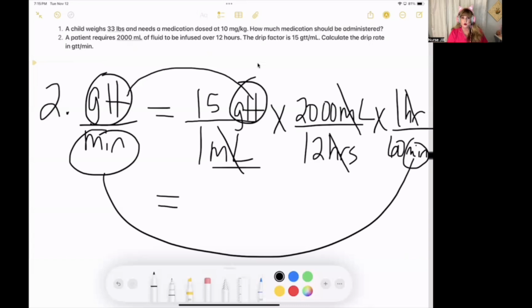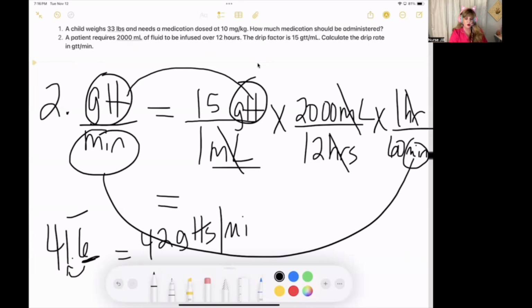With drops per minute, we can't have anything less than a whole drop, because we can't actually divide a drop. So with 41.6 and lots of other sixes, the 6 is going to round the 41 up to a 42. So we have 42 drops per minute.